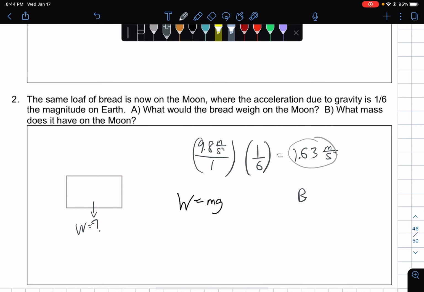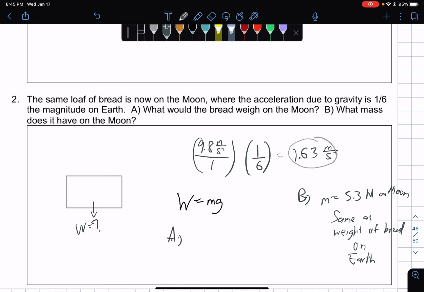So for letter B, mass is still 5.3. What's different is the answer for letter A.